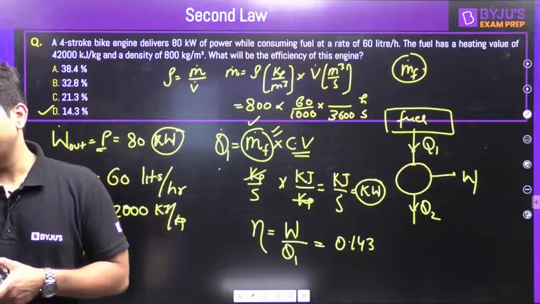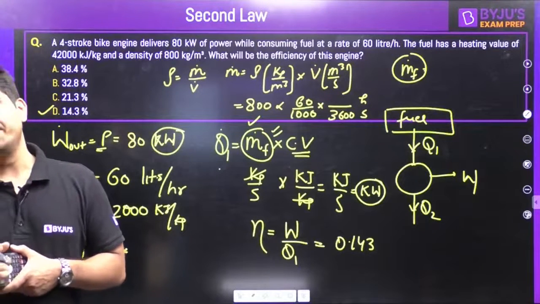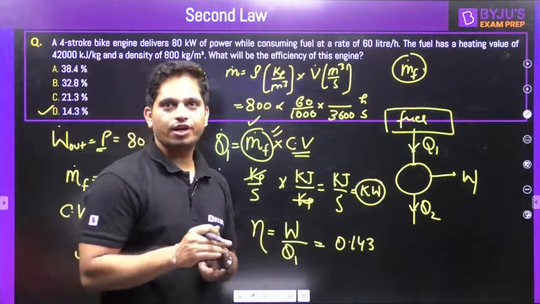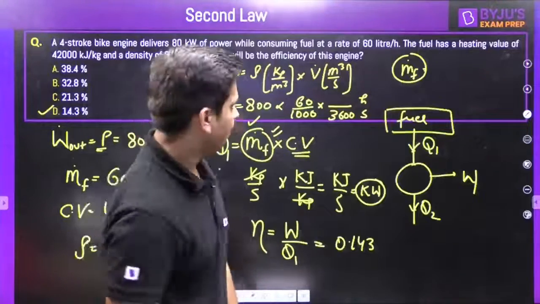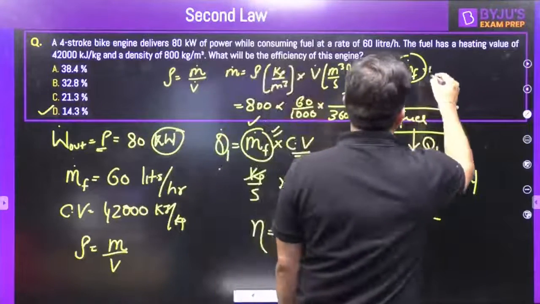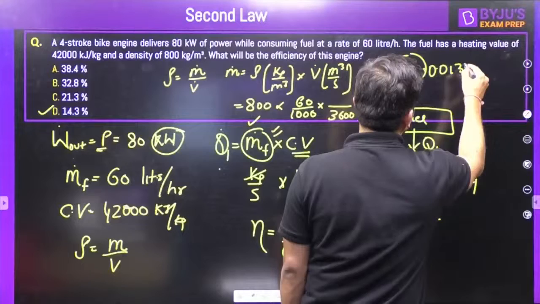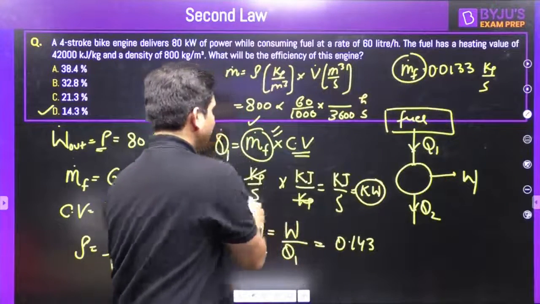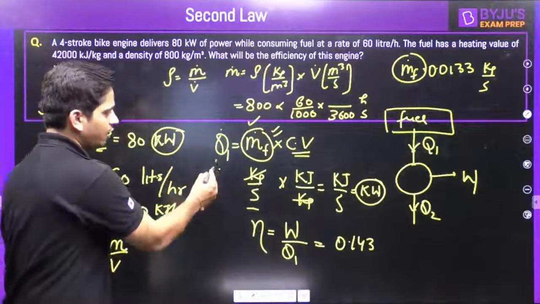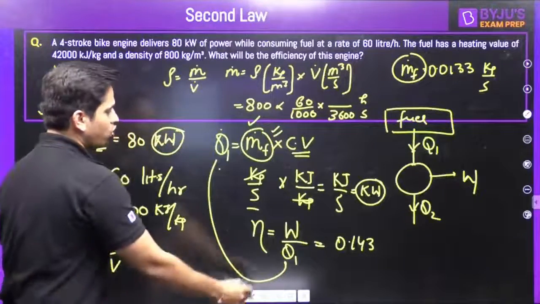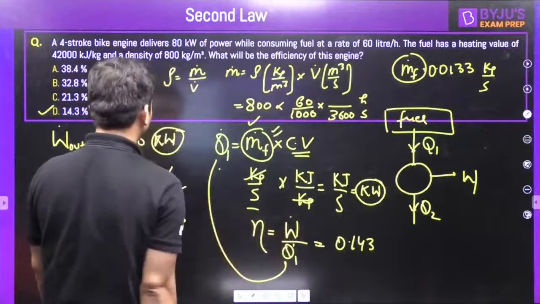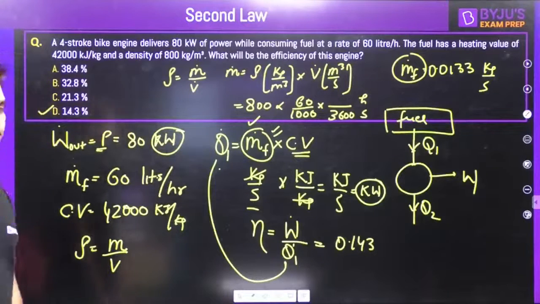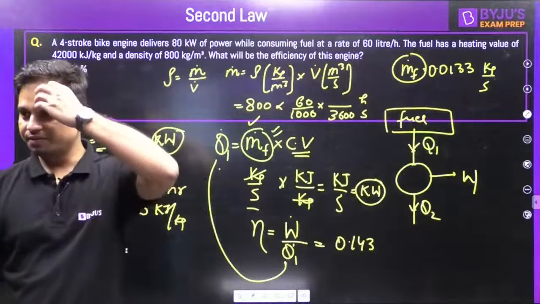Yeah, that is correct. That is 0.0133 kg per second. You put it here, you calculate Q1. Work is already given to you. W dot is given to you, 80 kilowatt. Okay, let's move ahead.